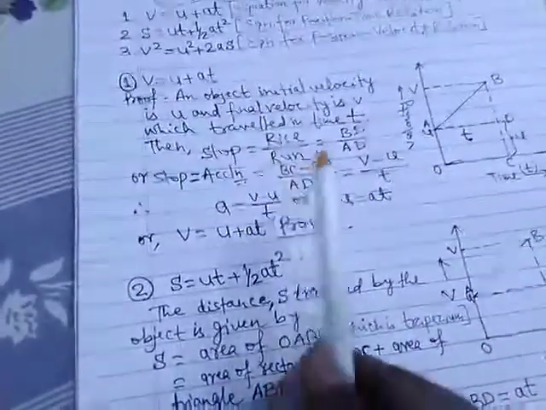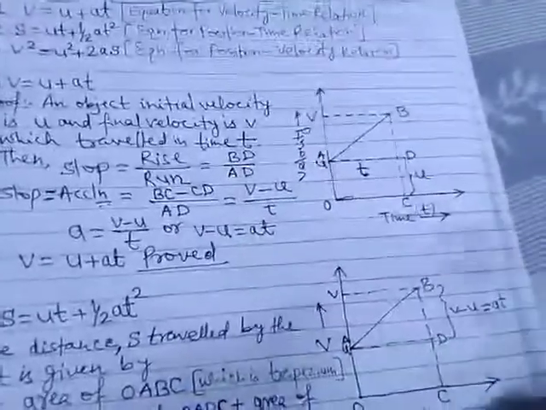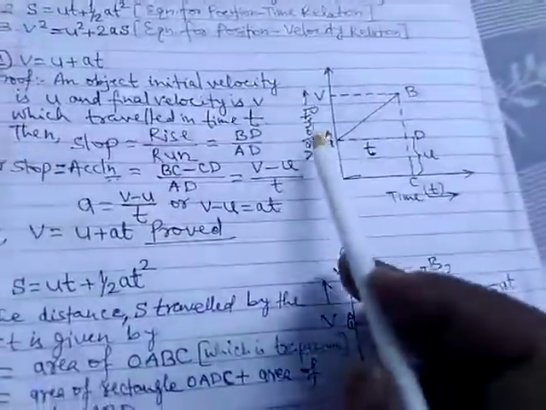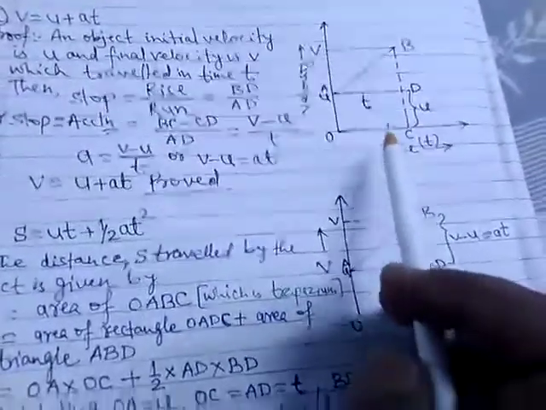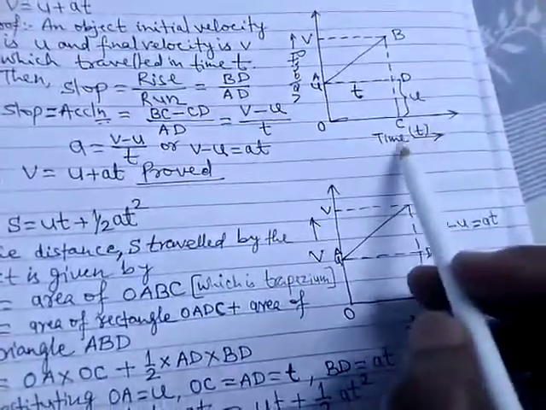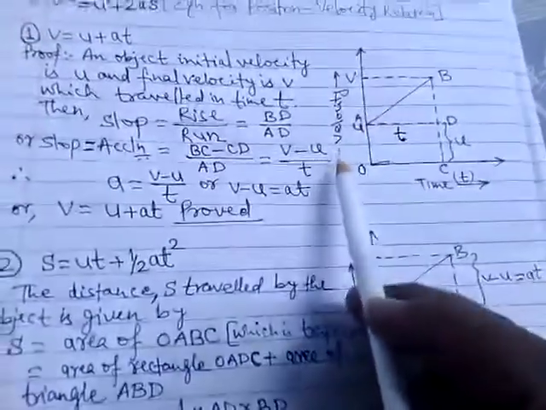Okay, so I will first draw a velocity-time graph. Here the x-axis is taken as time and the y-axis as velocity.